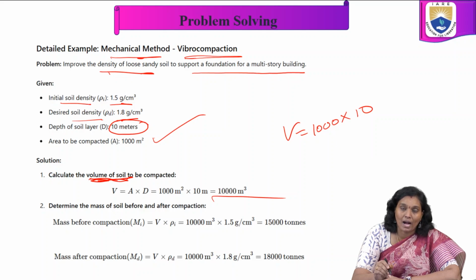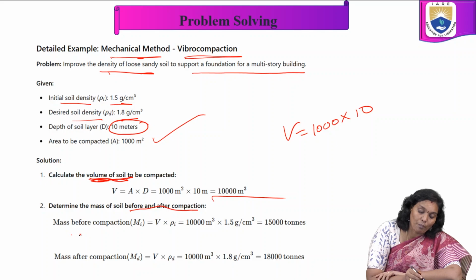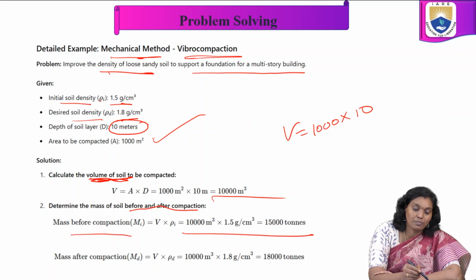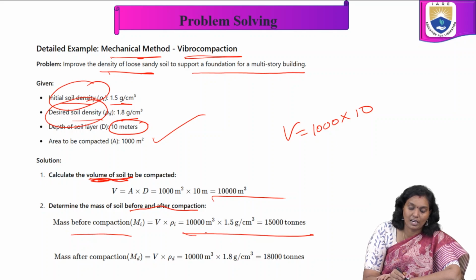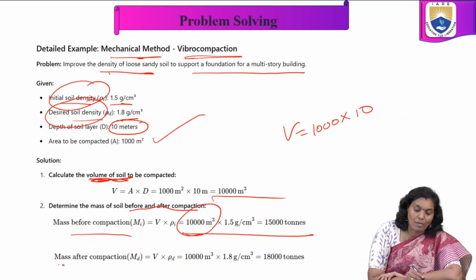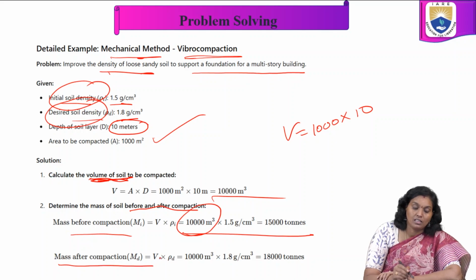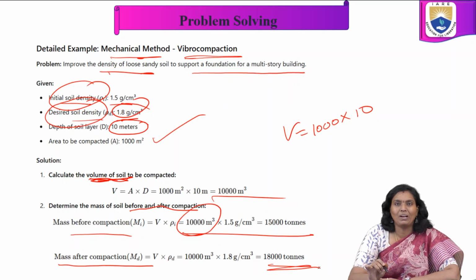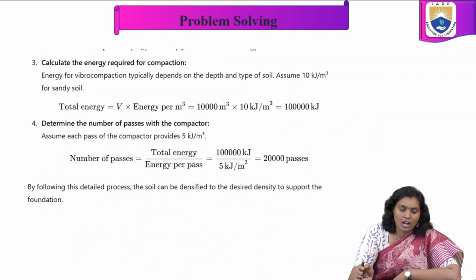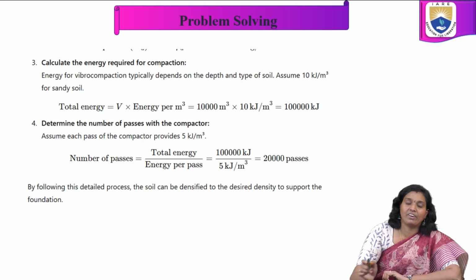Now determine the mass of soil before and after compaction. Mass before compaction equals the initial soil density multiplied by the volume. Mass after compaction uses the desired soil density multiplied by the volume, which gives the mass after compaction. Now calculate the energy required for this compaction.